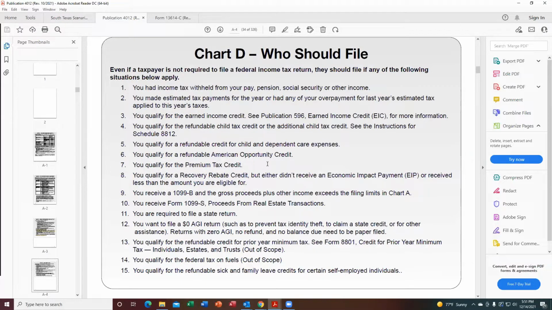And again, for us, the most common one is usually the person who's 19 years old and is in college and they work a part-time job. Usually they fall in the category of who should file because they get to at least get their federal income tax that was withheld. That's usually the circumstance. But again, this chart is there.